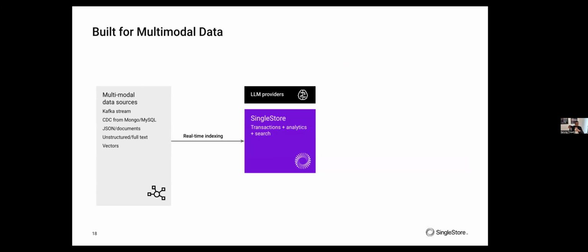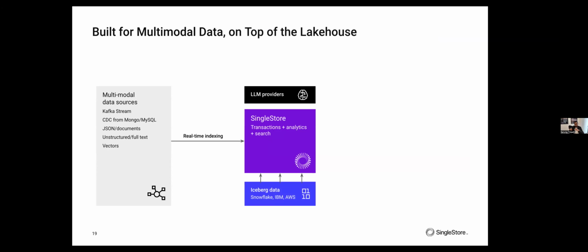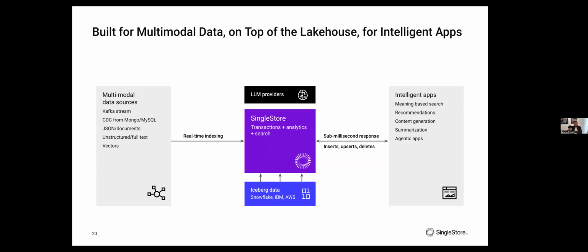Essentially, what you'll see and what Arvind will talk through is the ability to get data sources from Kafka, from CDC sources like MySQL and Mongo, unstructured data and vector data, index that in real time and bring that into a place where you can run transactions and analytics and search applications in a single database on top of Snowflake, on top of Databricks, IBM, AWS technologies, with that common thread of Iceberg, giving you the ability to access all of your enterprise data in an operational data store with sub-millisecond response on your inserts, updates, and deletes for building those intelligent applications like Arvind's going to walk you through today.